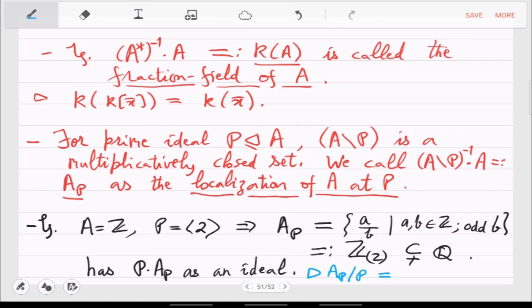If I call that ideal P, AP mod PAP is... so what was A mod P? That was just the finite field with 2 elements. So you get the same thing here: the Galois field F2, just 0 and 1.